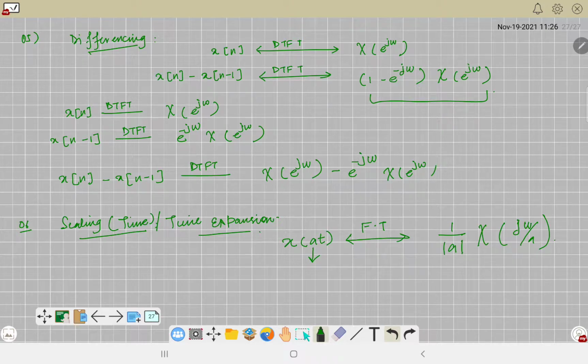It doesn't make sense to lose samples and then transform to the frequency domain. That's why we call it expansion. We try to conserve our samples. We don't want to lose our samples and then go to the frequency domain.